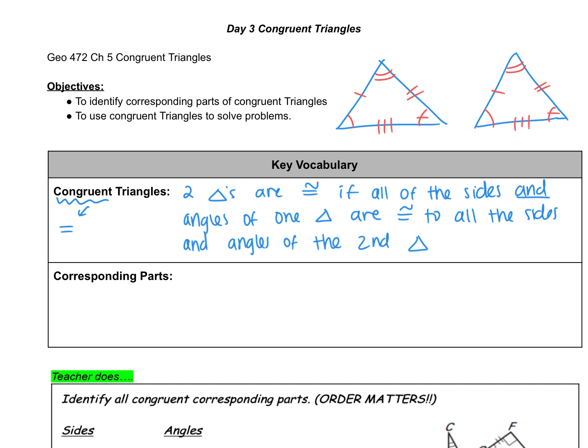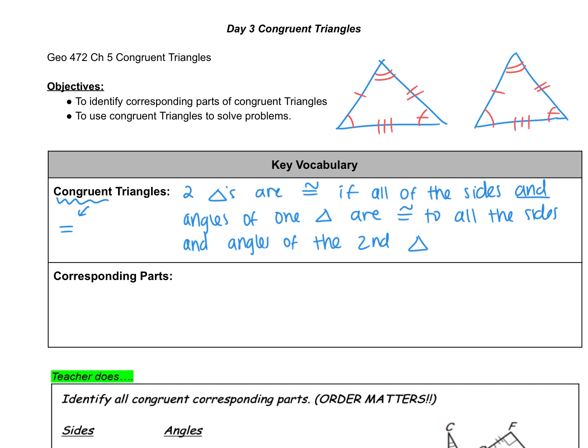So these two triangles have the same measure because all their sides are the same, all their angles are the same. Now, those pieces that are congruent, like this pair of sides that are congruent, or this pair of angles that are congruent, those are called corresponding parts.